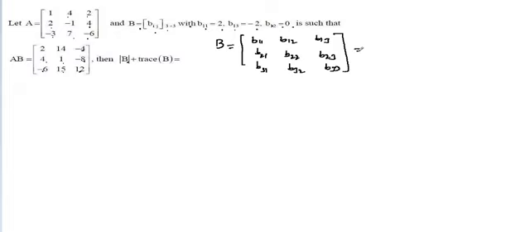Here capital B is Bij, a 3 by 3 matrix, that is B11, B12, B13, B21, B22, B23, B31, B32, B33. B11 is given, that is 2, B12 value is given, that is 0, and B13 is given, that is minus 2.